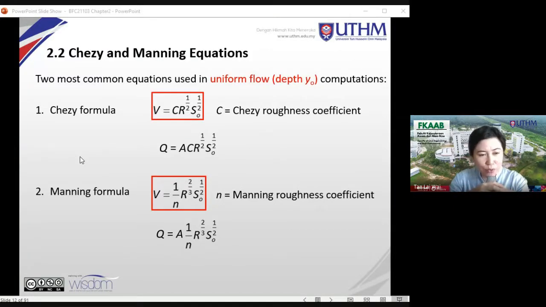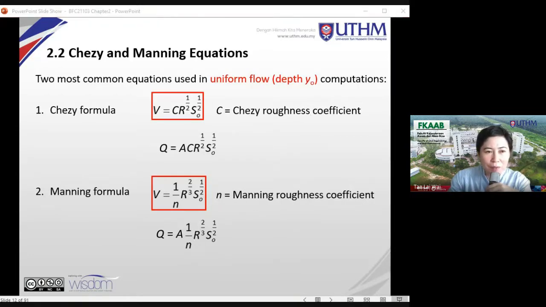These two equations are used widely, especially in analysis, because in analysis of flow, normally we'll assume the flow to be uniform flow so that the analysis would be easier to conduct, right?